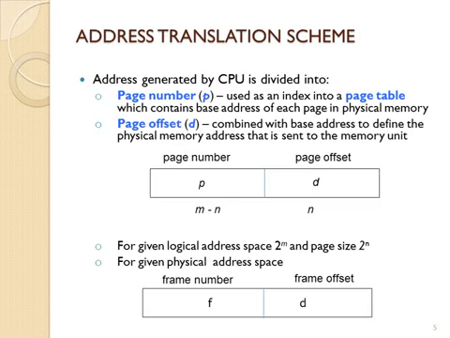The next thing we're going to talk about is address translation, where you have a logical address and a physical address, and we will be talking about that in the next video. Thank you.